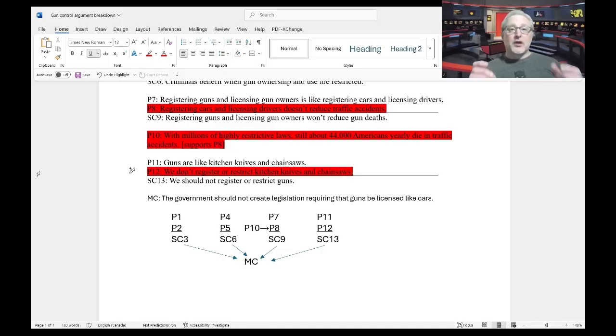So, given that guns are only useful for killing people, we could make the claim that, unlike kitchen knives and chainsaws, guns have no legitimate use, right? Let me put it this way, you need knives in order to cook, but you don't need guns.